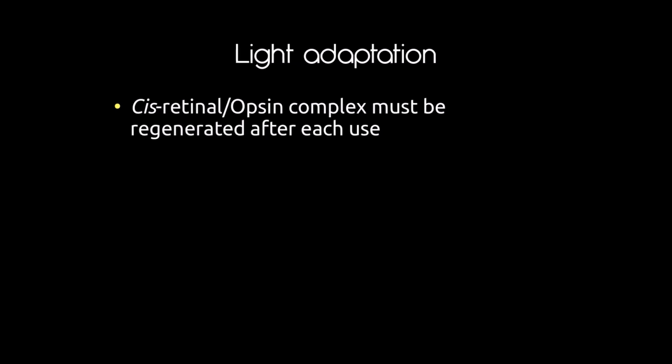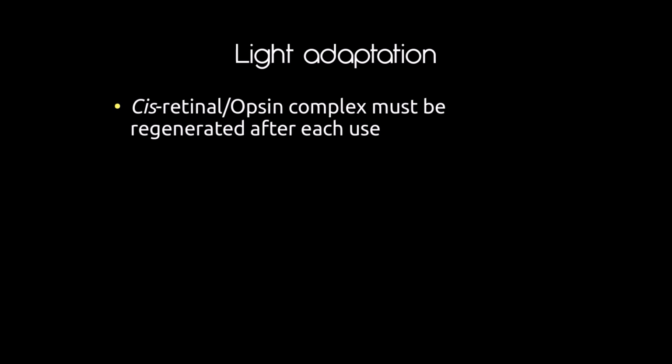Let's talk a little bit about light adaptation. One major part of light adaptation is we're switching between cones and rods being predominantly used when we move from a dark situation to a light situation. You'll probably notice that it takes your eyes a while to adjust. One of the reasons is that this cis-retinol and opsin complex, every time it's used, needs to be regenerated.